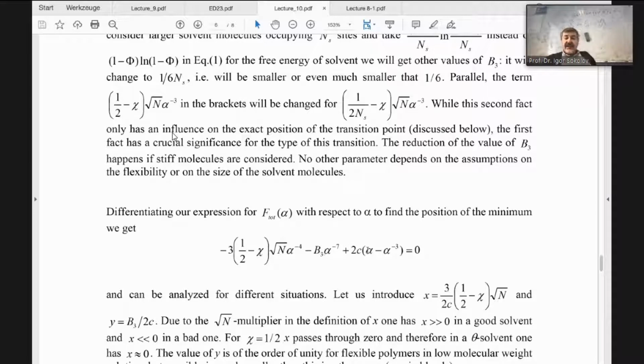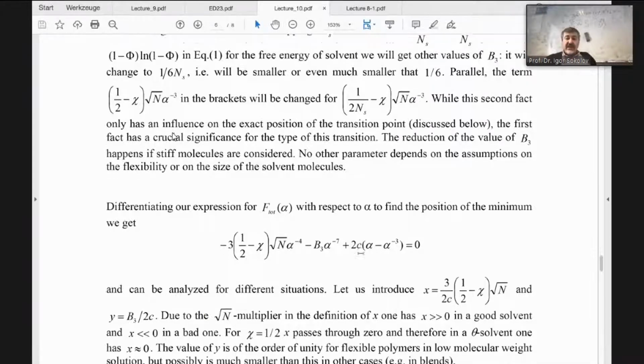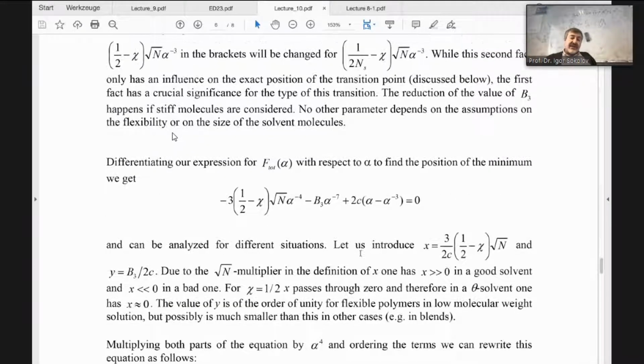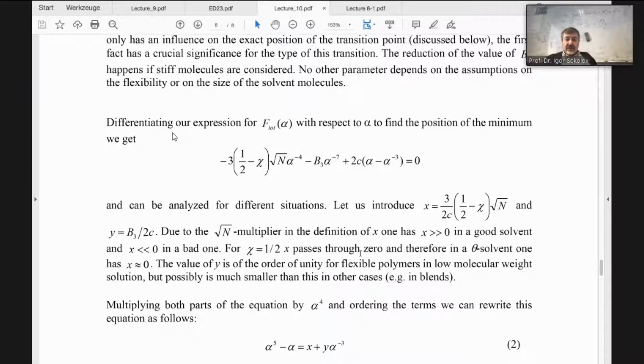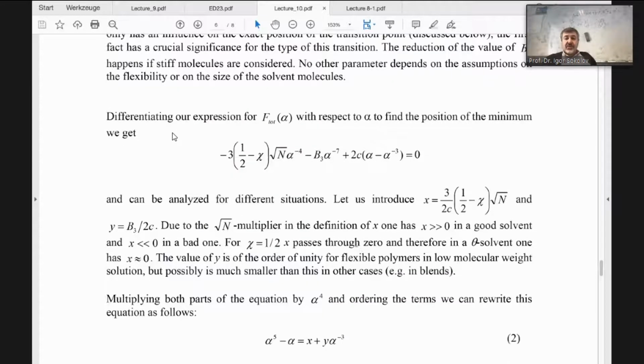Again, I have here two numbers. This number I know. This number I really don't know, but I know it's of the order of unity. What else? And this is qualitative anyhow. And now what I can also do, I can introduce two parameters.